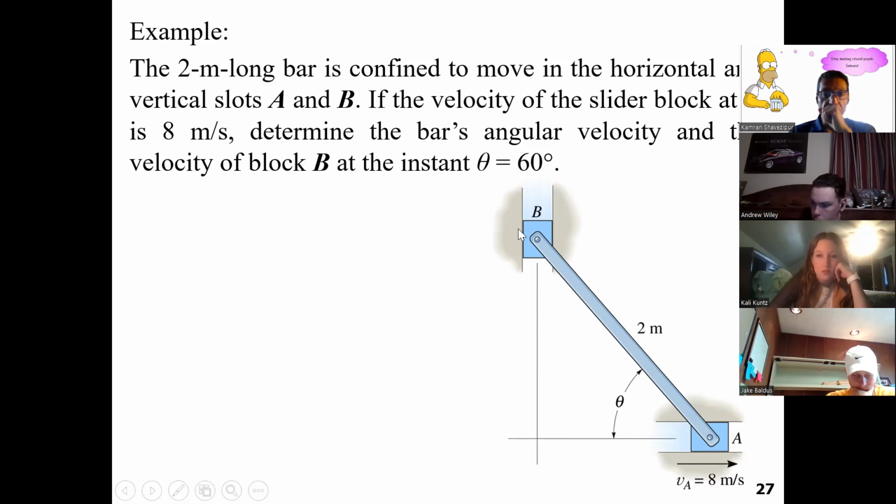You want to find the angular velocity of the bar and the velocity of B when theta is 60 degrees. When I solve this problem, you'll understand those functions of theta. I'll give you a few seconds to draw this.